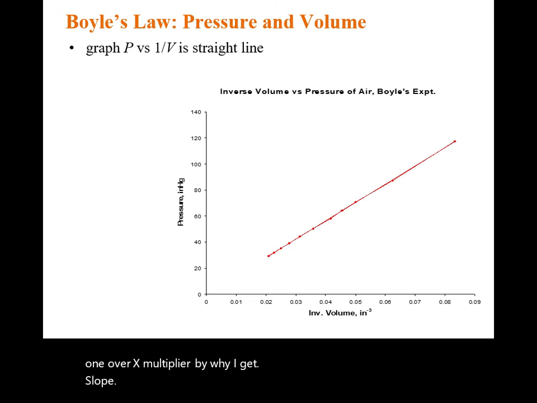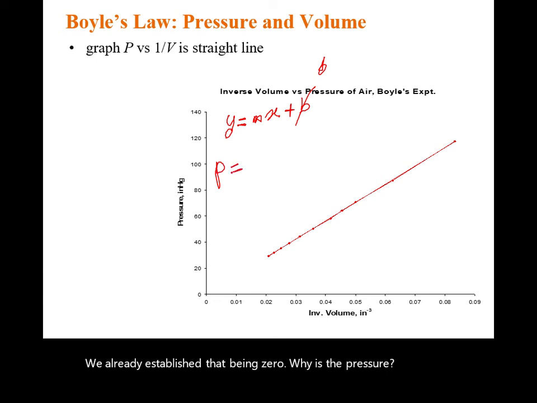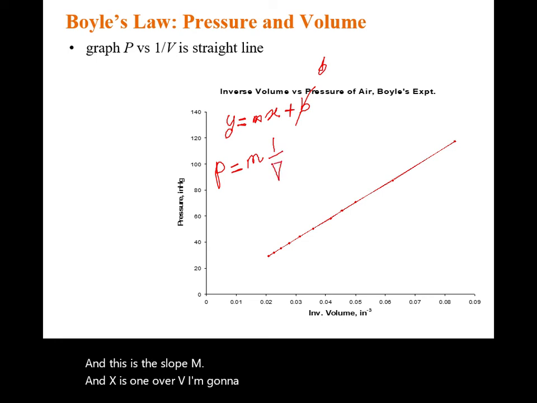Let me share what I'm talking about here. We already established that b is 0, y is the pressure, m is the slope, and x is 1 over V. I'm going to rearrange this.